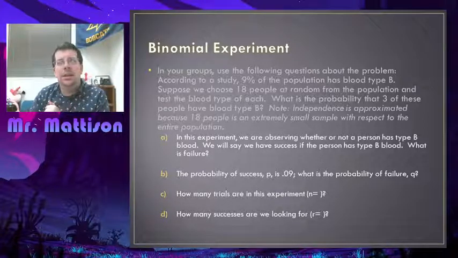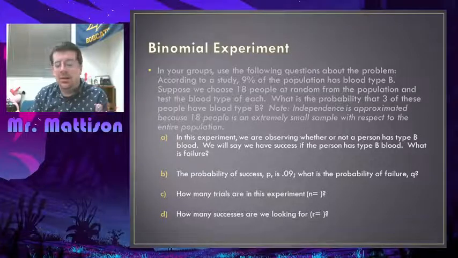Since we're taking 18 people, blood type is a thing which is passed down genetically. So if I pick two or multiple people in the same family group, that could throw off my results.